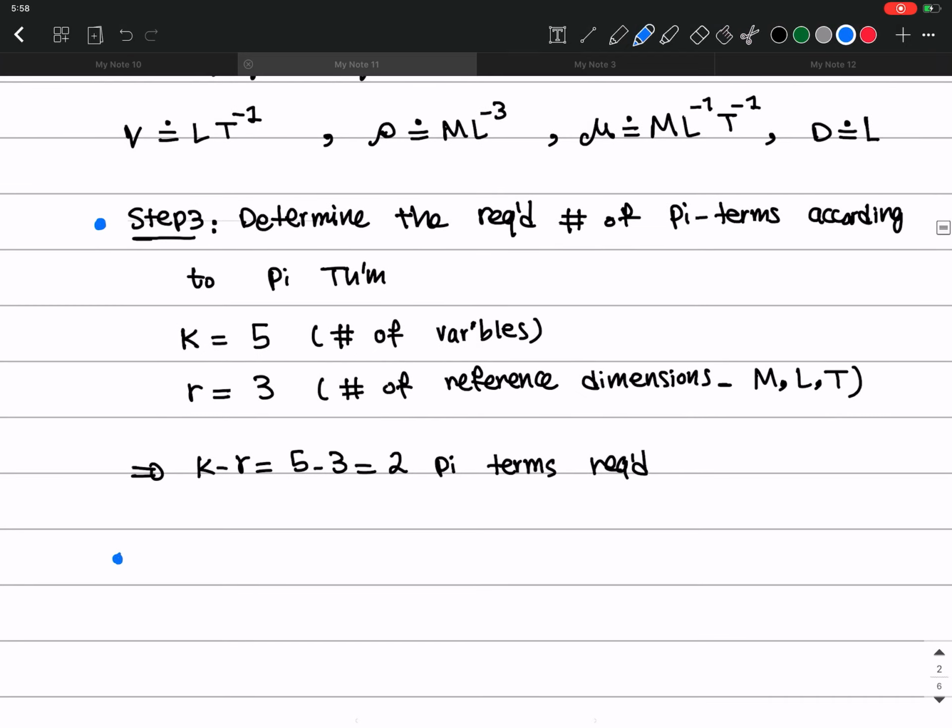So then the next step, step 4, is to select a number, usually 3, of repeating variables.